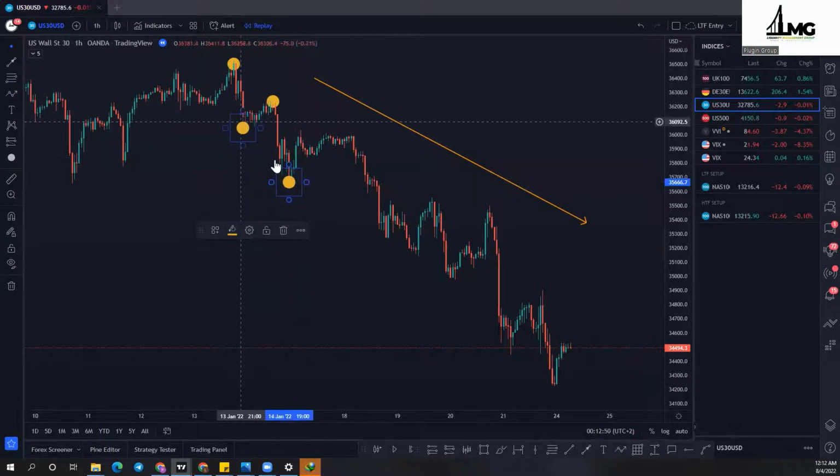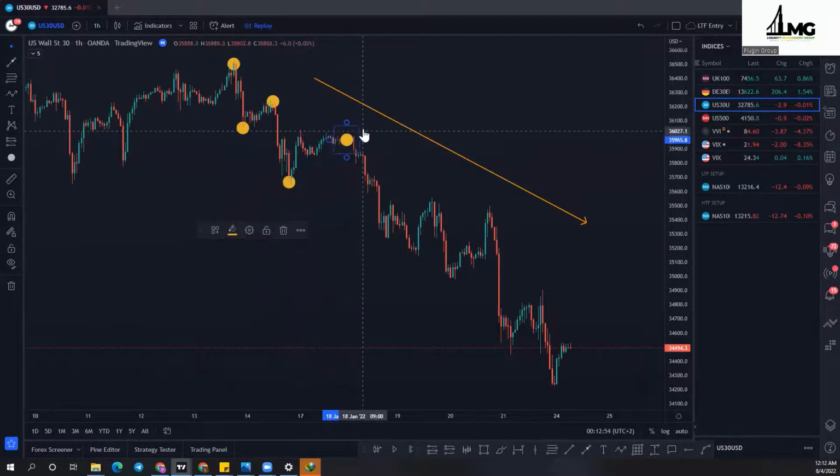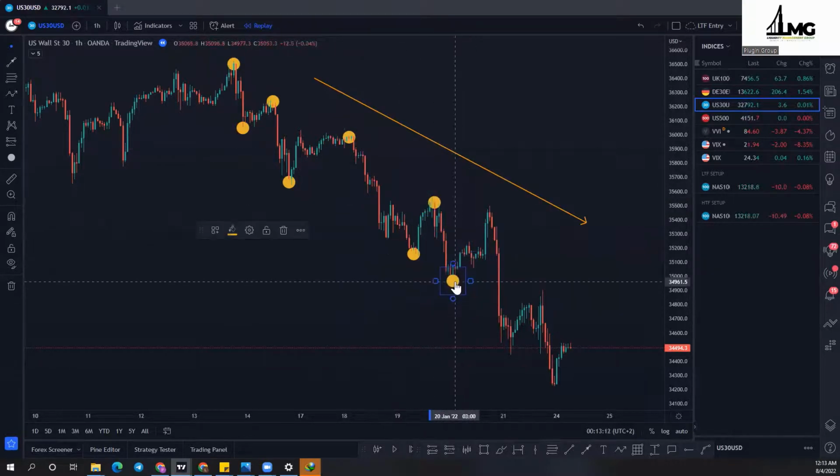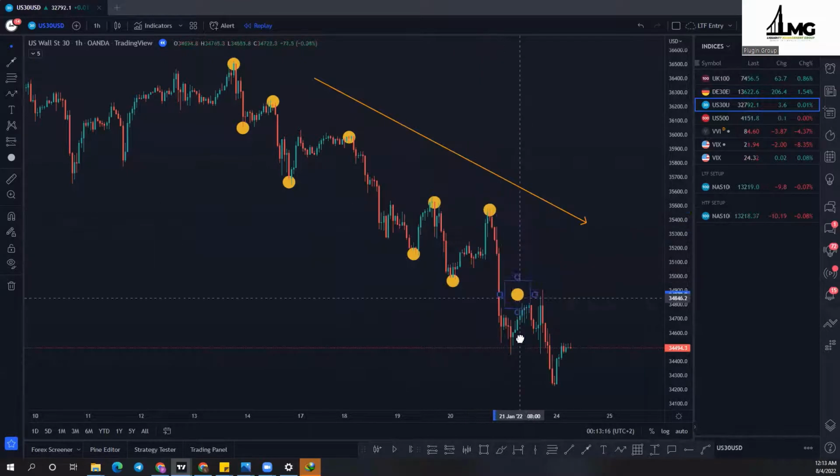Went for another low, broke past this, made a low that was lower than the previous low, and then we see price form a high that's obviously lower than the previous high, and then it goes down here, forms this low, and then it goes for a high that obviously is lower than the previous high, and then it goes for a low that's lower than the previous low, a high that's lower than the previous high, and then it goes down.